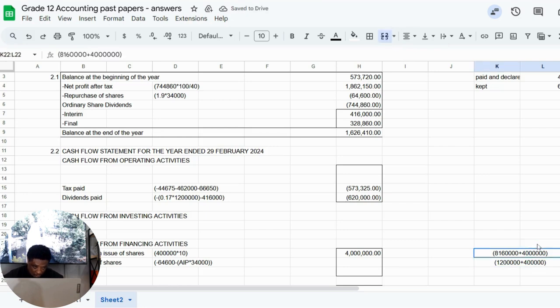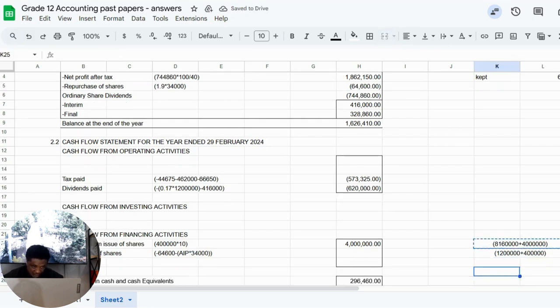Okay, so let's try to apply this. We are then going to divide by these shares here.